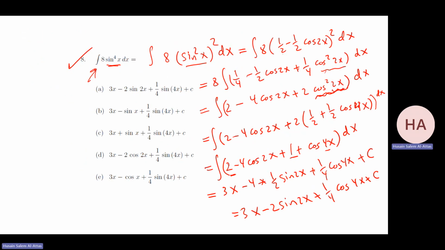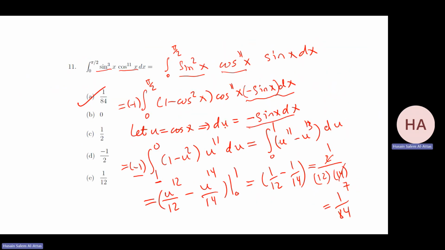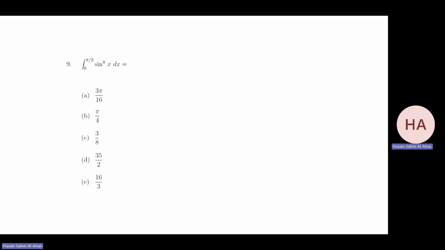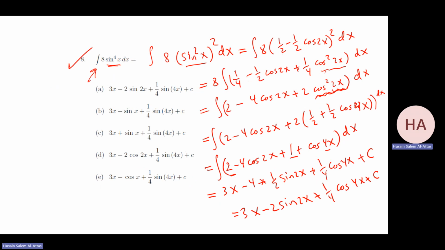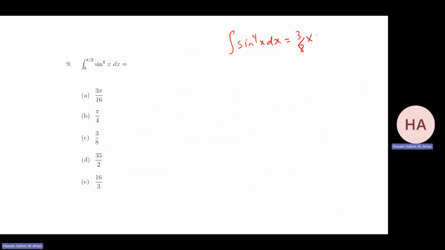That will be 3 over 8 x minus 1 over 4 sine 2x plus 1 over 32 sine 4x. I know that the integral of sine to the power 4 x dx is 3 over 8 x, so just to save time instead of doing it again, I divide by 8 because this is times 8. 2 over 8 is 1 over 4. Plus c.